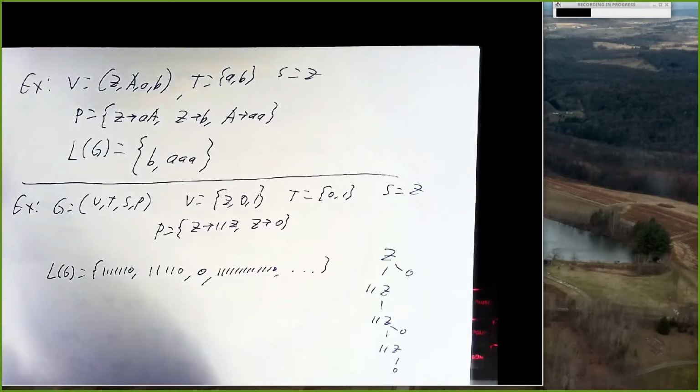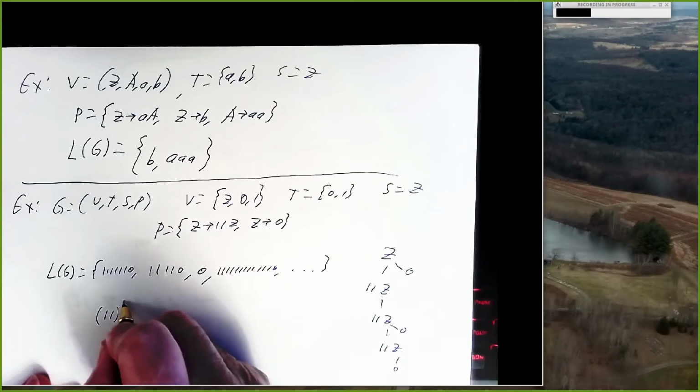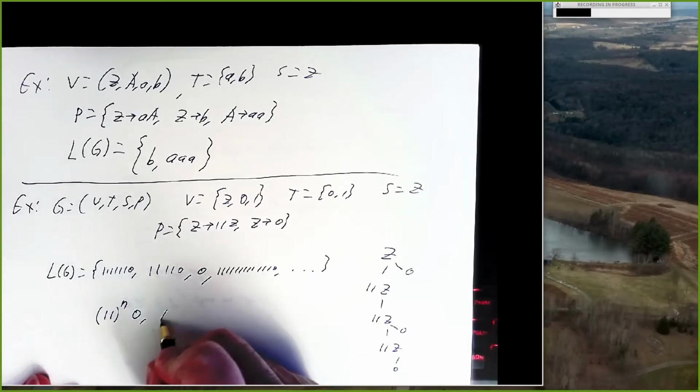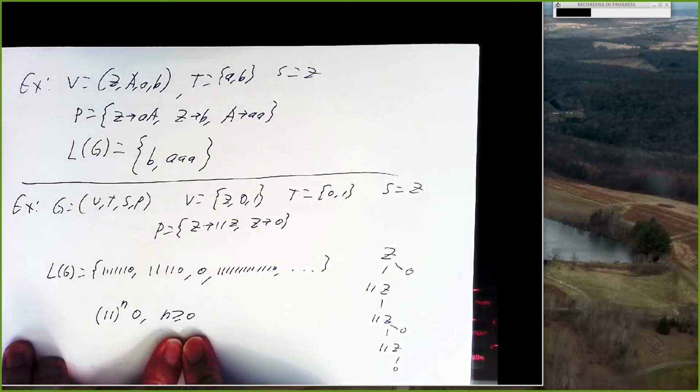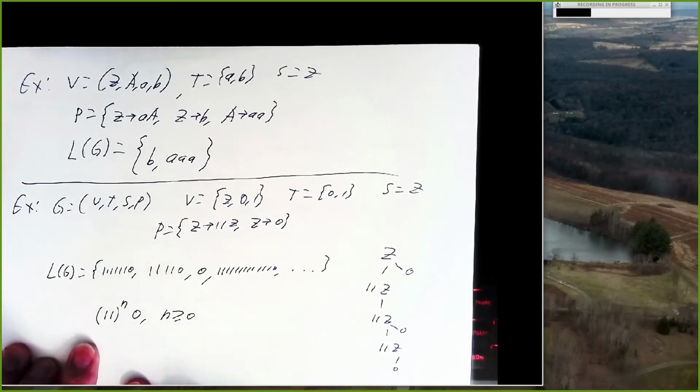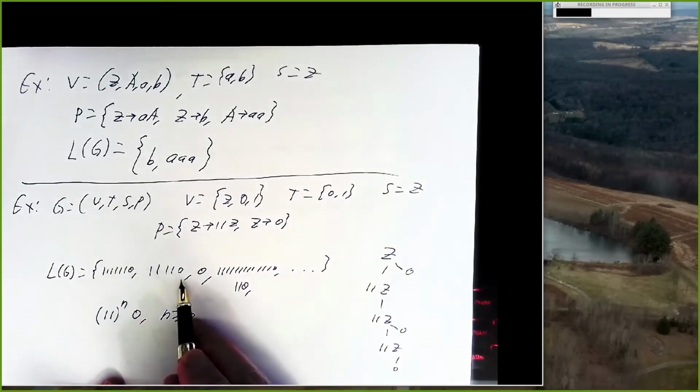And we could write this maybe like this in shorthand: a pair of 1s repeated n times followed by a 0, where that repetition is 0 or more repetitions of 1 1. So if n is 0, it's this. If n is 1, it's this. If n is 2, it's this, and so on.